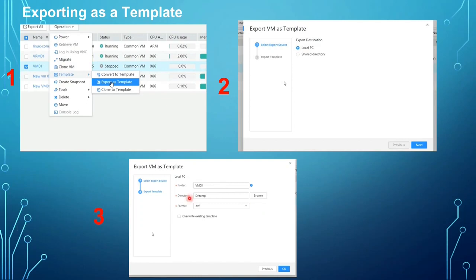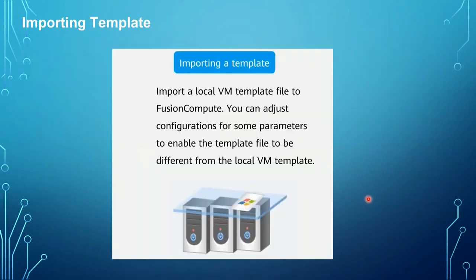We can import as well a template available on our PC. So you can import it into the FusionCompute environment. For example, if you have one for Windows, Linux, or any appliance, you can deploy it as well. Oracle also provides some templates, but it depends on the format.